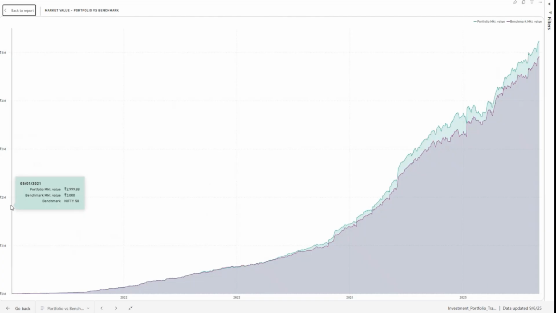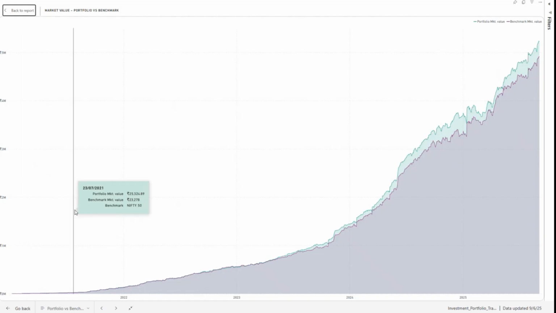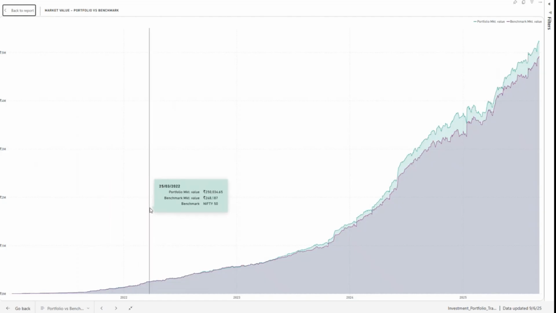So if you look at it from 2020 onwards, your very first investment is 3,000 in any one of the funds, and then eventually you gradually added up funds, two funds, three funds, five funds, and six funds. On this day, what it is trying to say is, your six fund combined portfolio market value is 2 lakh 50,000, and if you would have invested in the Nifty 50 instead of six funds, it would be 2 lakh 48,000.